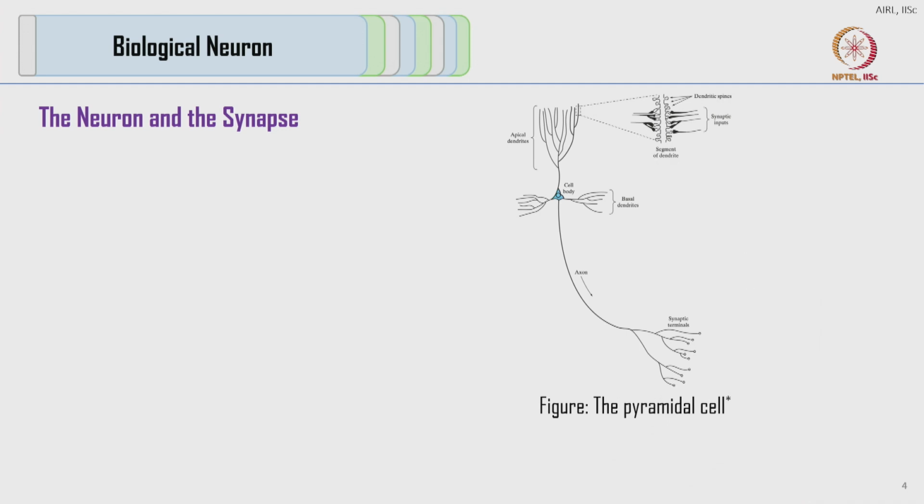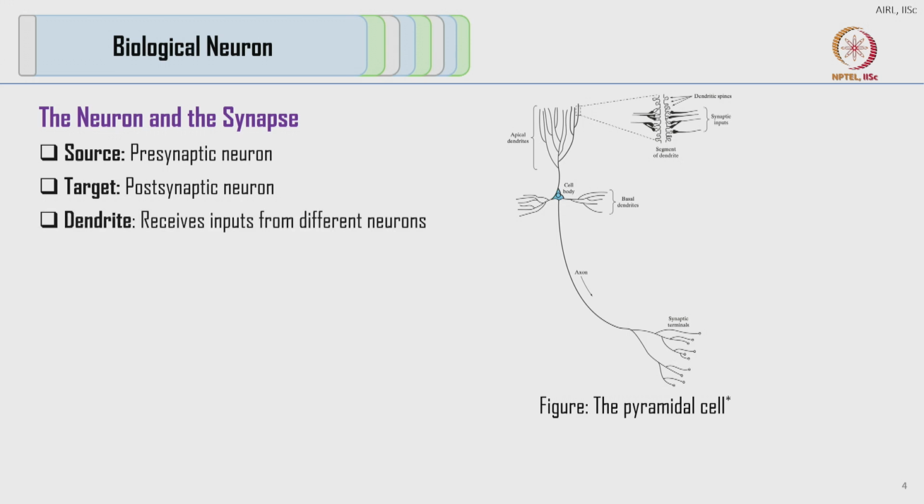Our single neuron comes from a single biological synapse, right? There is a source for a signal, that's what we call the presynaptic neuron. And then you have a target, which is the postsynaptic neuron where the output goes to. Dendrites are the ones which receive the signals from different neurons.